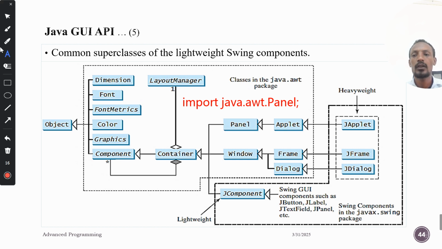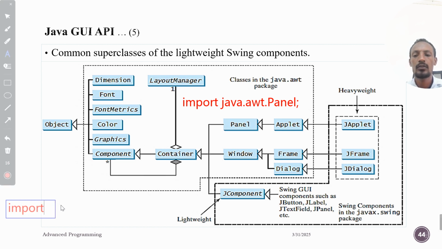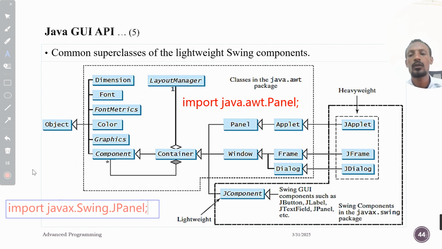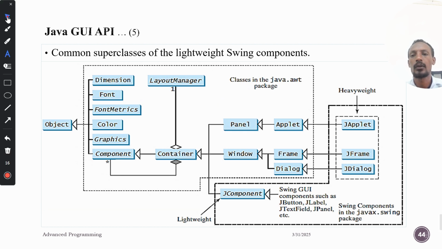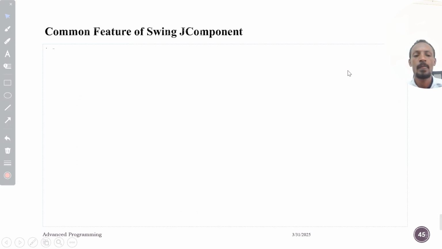When you write the full form of the package, you write import javax.swing.JPanel. This is the way you use the package in Swing and in AWT.